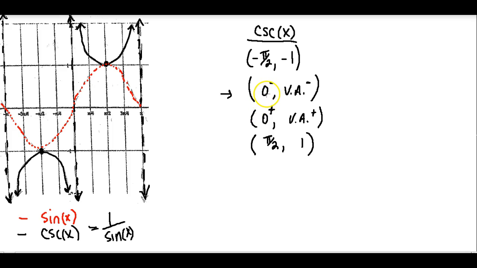What I'm saying here is we have a vertical asymptote at x equals 0, and on the left side of 0, the vertical asymptote is going down to negative infinity. So this negative sign here means that I'm coming from the left side of 0, and this other negative sign means that the vertical asymptote is going down to negative infinity. Similarly, on the right side of 0, which is why we have the plus here, the vertical asymptote is going up to positive infinity. So I'm just trying to be clear on what actually happens there.